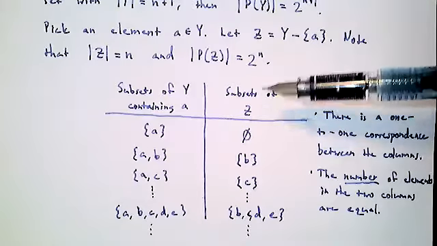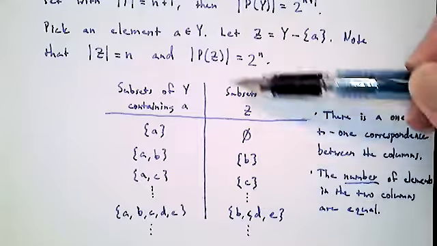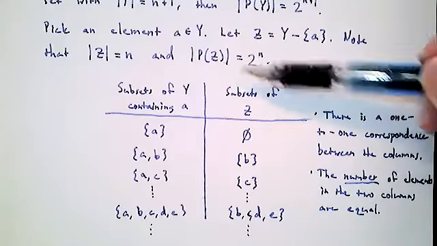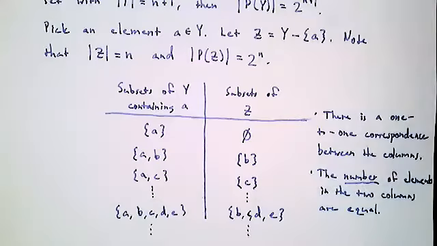But we actually know the number of elements in this column, the subsets of Z. Remember, this is the power set of Z, and there's 2 to the n elements on this side.